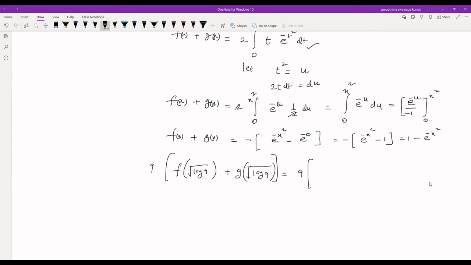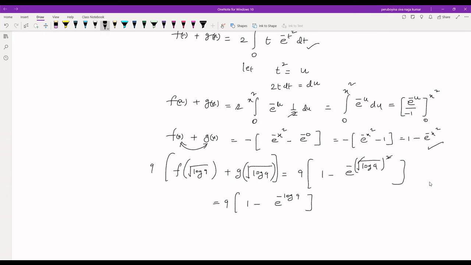So 9 times, we know the function was f of x plus g of x together, which is equal to this one. So 1 minus e power minus root log 9, of course it has a square, so square and root got cancelled. So 9 times 1 minus e power minus log 9.